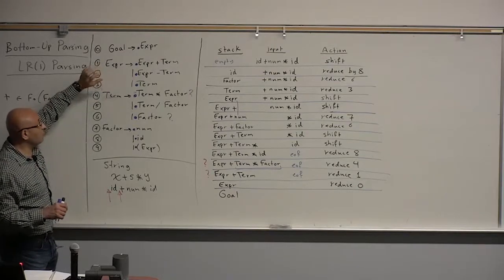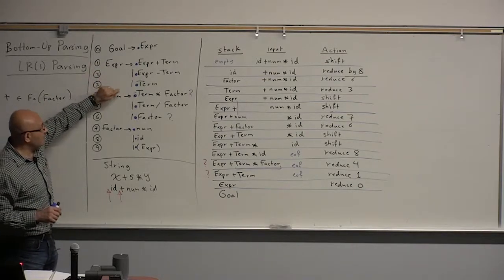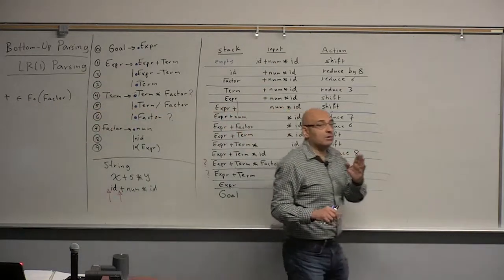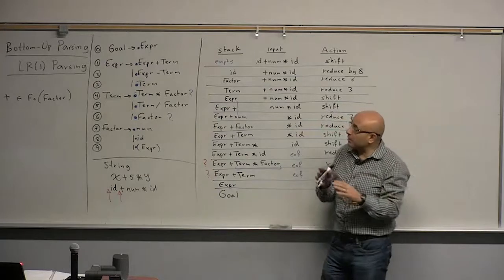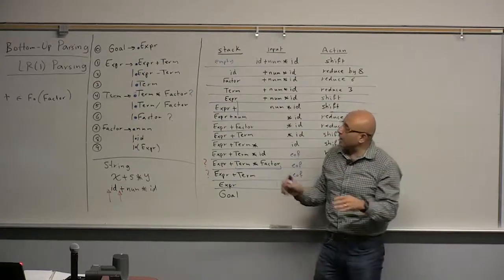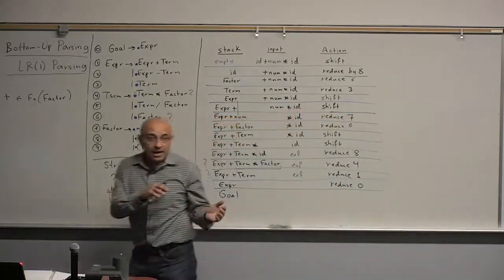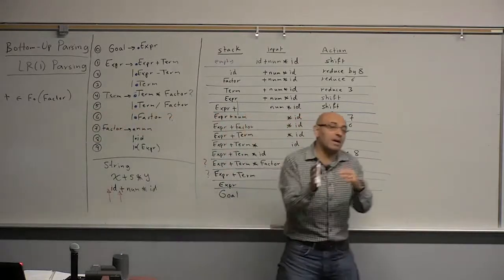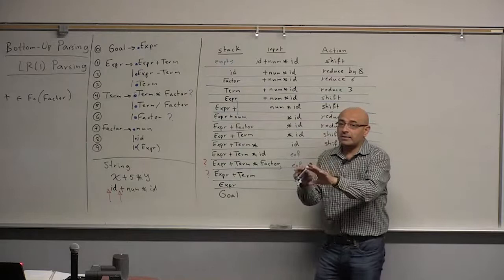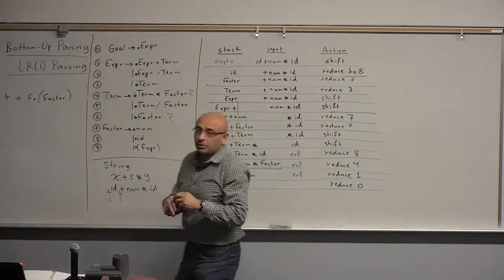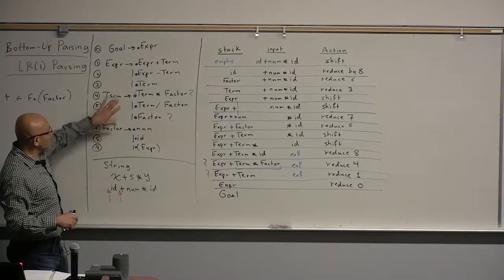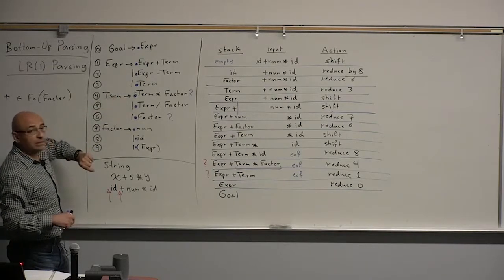So basically, for each rule in the grammar, there is a placeholder that marks where we are for this particular rule, given what we have parsed and what we have reduced, what we have done, and given the look ahead. So we're looking at both the left context, what we have done, and the look ahead, which is the symbol to be read next or to be consumed next. And based on that, we keep these placeholders.